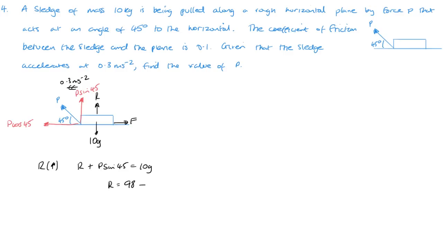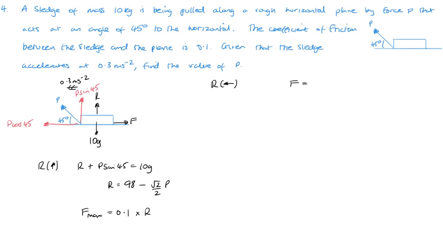So I will put that in as root 2 over 2 P. Now F max is going to be 0.1 times R. Okay, so I'll leave it like that at the moment, but let's look at now resolving horizontally.